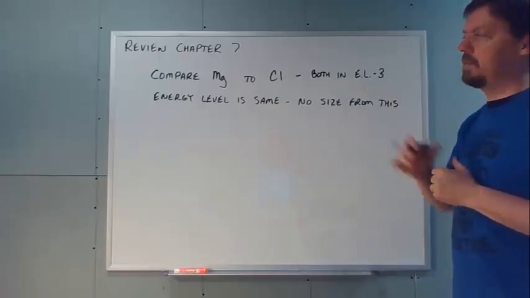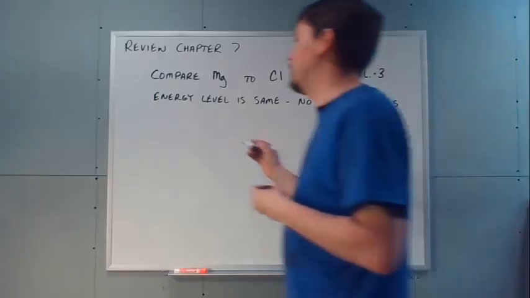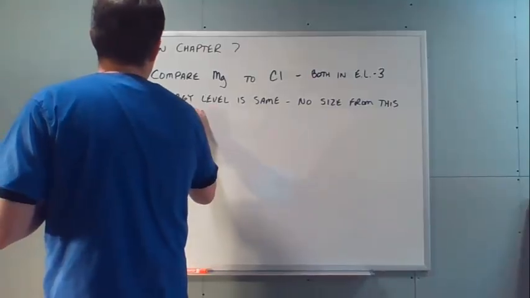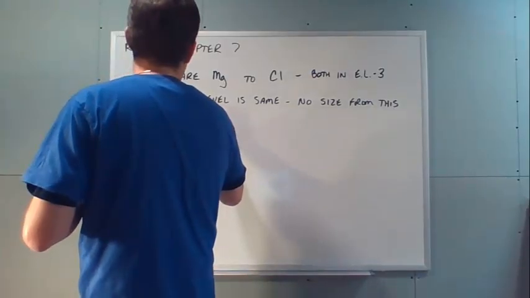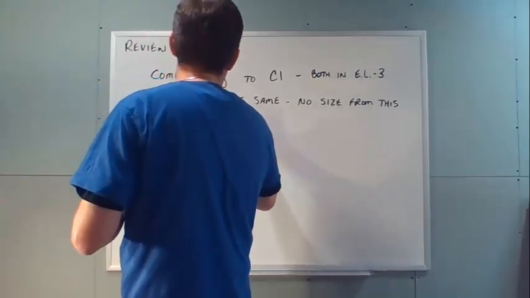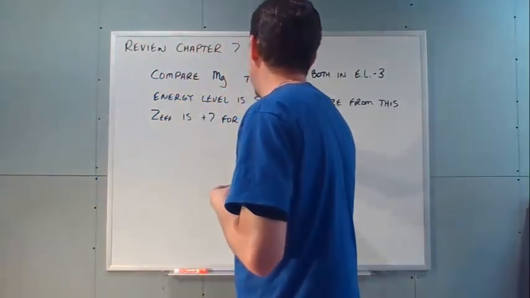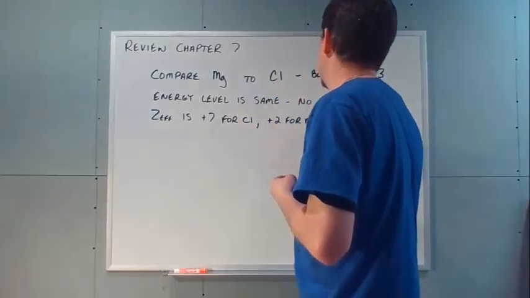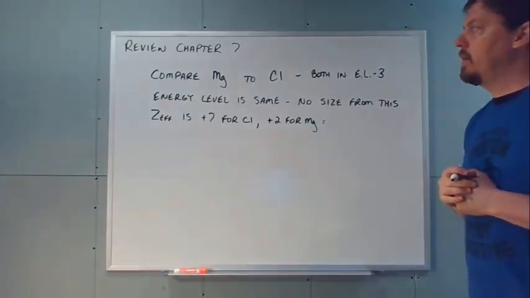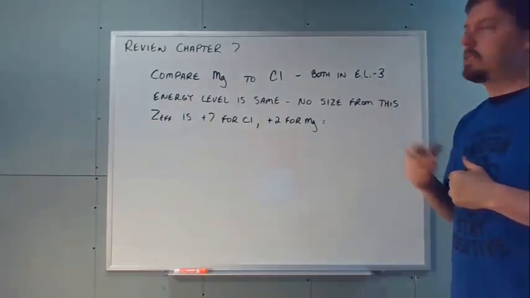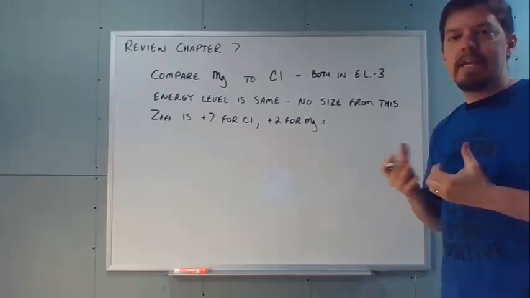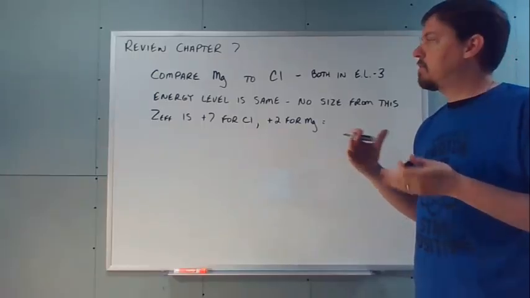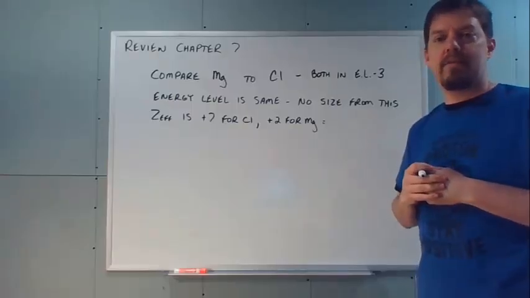So that means what's going to affect the size of these two is the effective nuclear force. So the effective nuclear force is +7 for chlorine and +2 for magnesium. All right, and the reason for that is both of them, since they're in row 3, you have to look at neon at the end of row 2 to figure out how many inner electrons there are. So for both of these, they have 10 inner electrons.